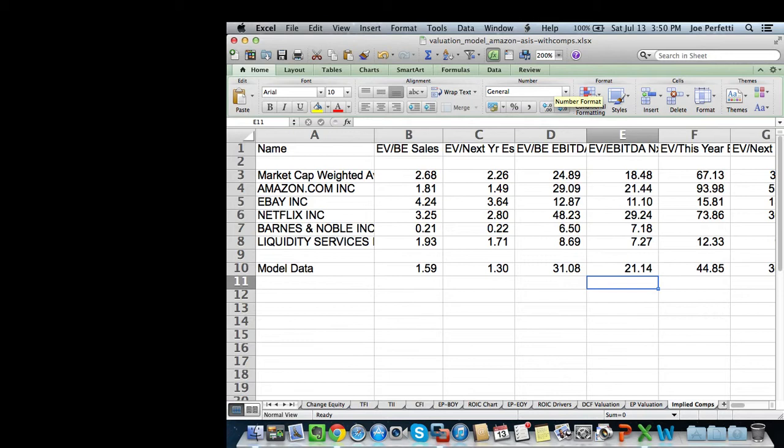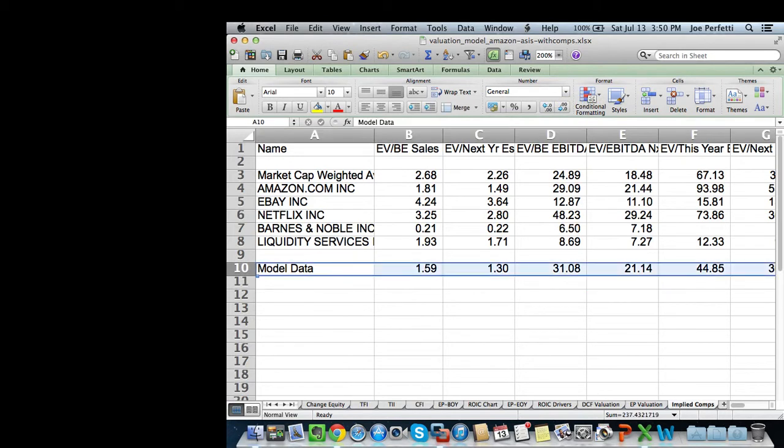Yes? So were you saying the as is for this as well, right, for the online? Well, this was the as is, but as I change the value, these multiples will change. So for example, let me come back here to the ratios.